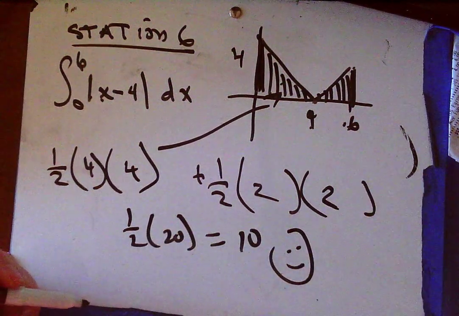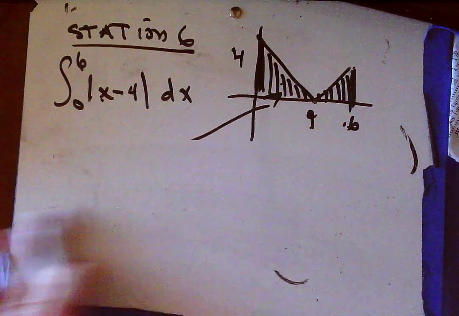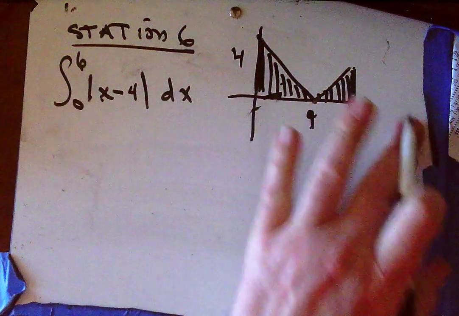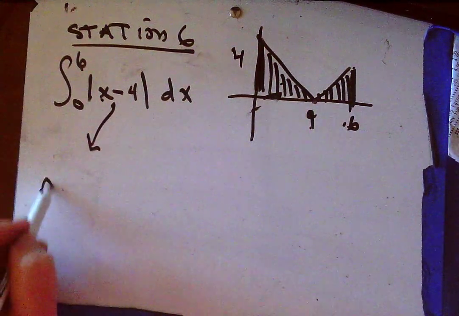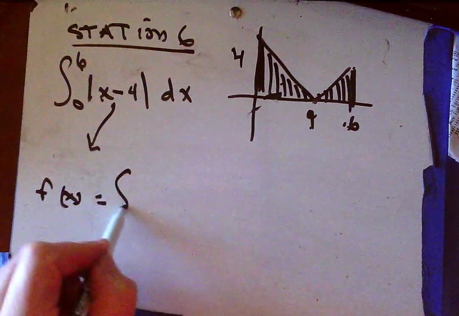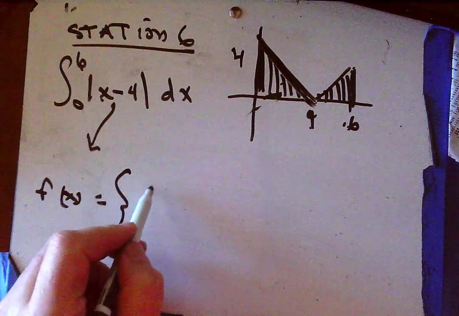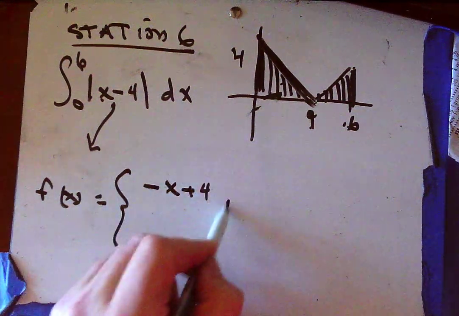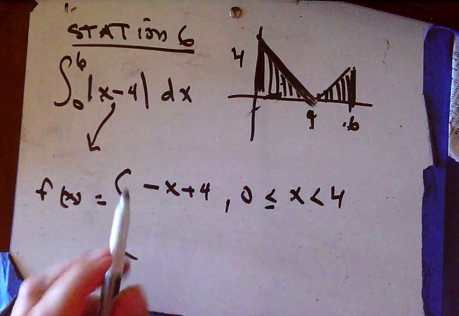Now there is an alternative to appealing to the geometry of the situation, which I don't recommend using, but you could, which is to rewrite this absolute value as a piecewise function, where you say, okay, I've got negative x plus 4, and that's good for x values between 0 and 4.